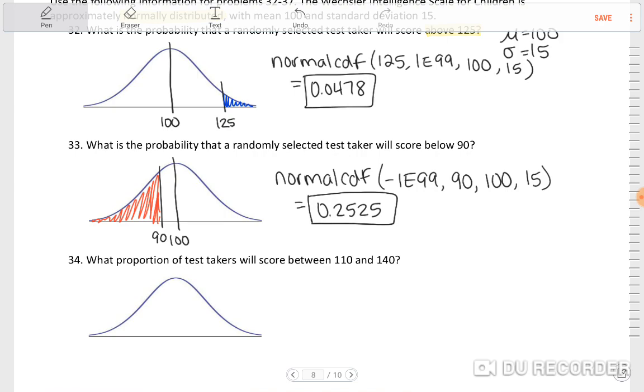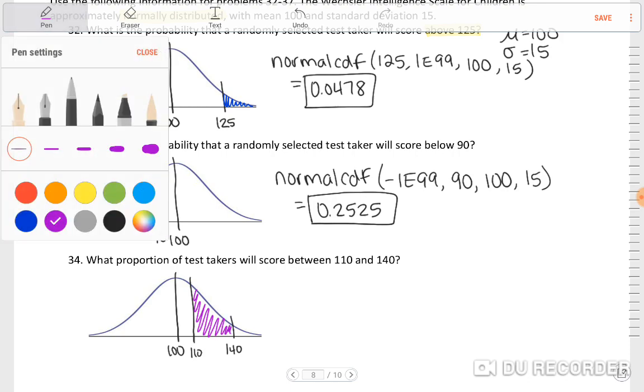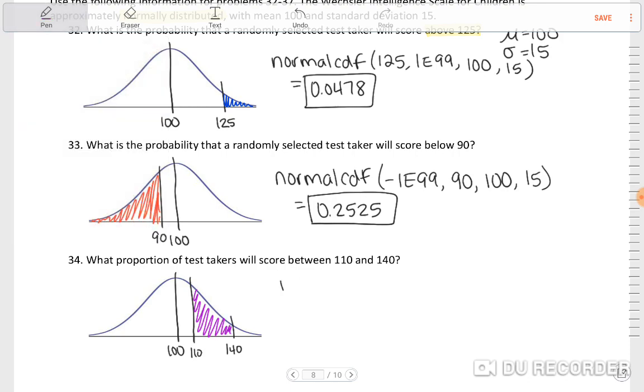What proportion of test takers will score between 110 and 140? So there's your 100. So 110 is going to be over on this side, 140 over here. And we're going to shade in between. So again, normal CDF.